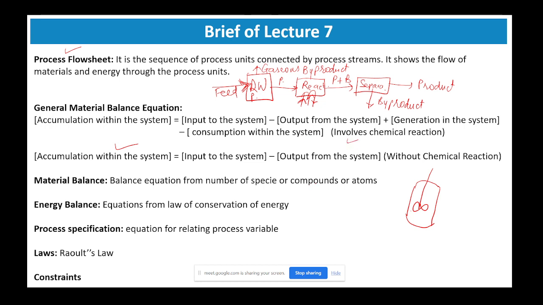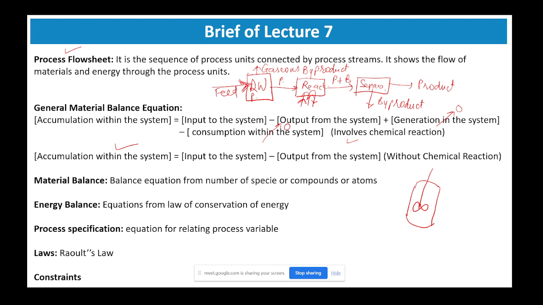Okay, now if we want to apply this equation when there is no chemical reaction, then it will be a special case. Since there is no chemical reaction, the generation term and the consumption term in this equation will go to 0, because there is no generation of that species due to the reaction in the system, and no consumption of that species due to the reaction.